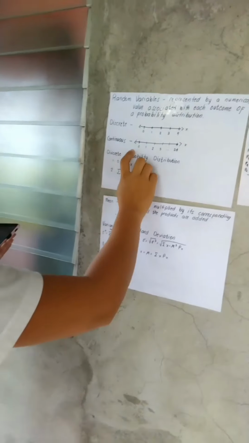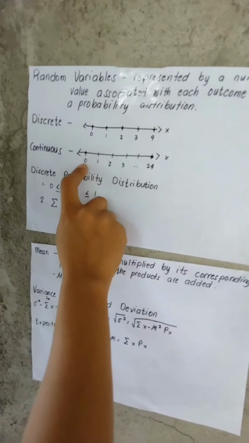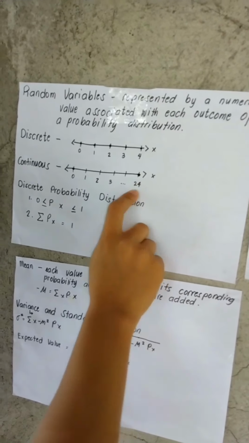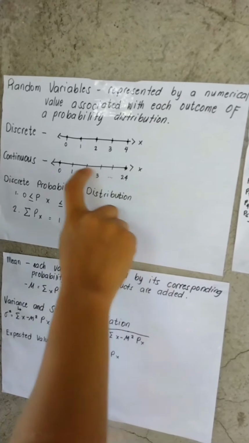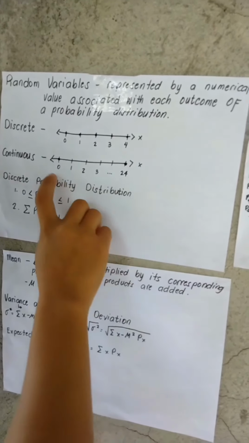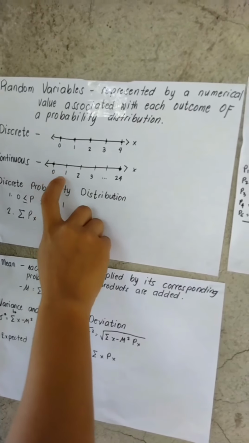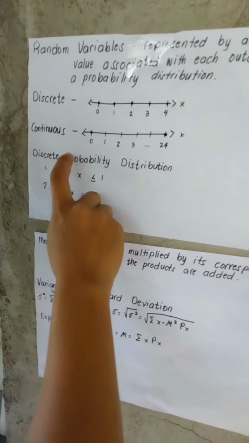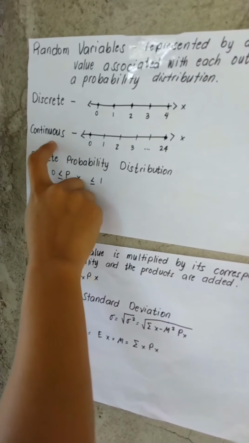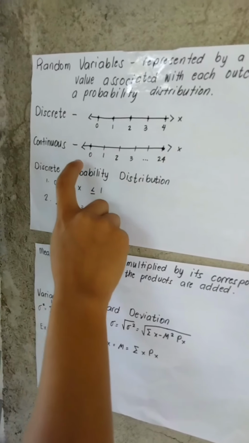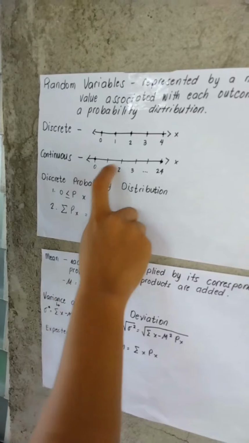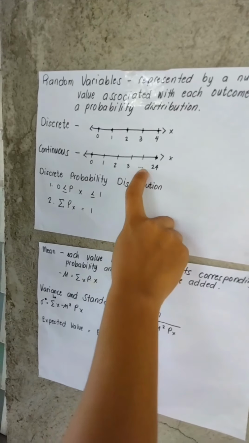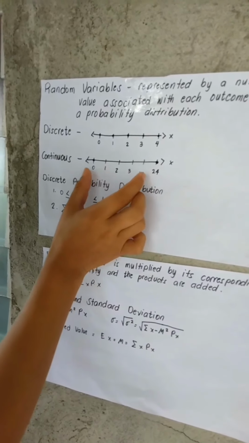Given the number line 0, 1, 2, 3, and so on until 24, this line is still infinite, so the possible outcomes can't be counted, since a continuous random variable is said to have uncountable outcomes. From 0 to 24, we don't even know how many outcomes are in between 0 and 24.